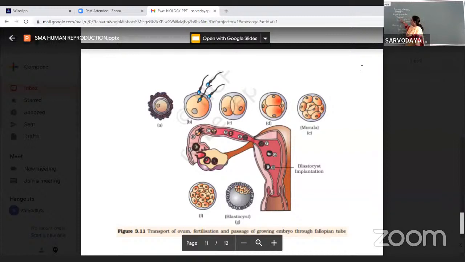This finger-like projection is what you call the chorionic villi. But later, the nutritional requirement increases because the embryo is developing. Then what is going to happen?